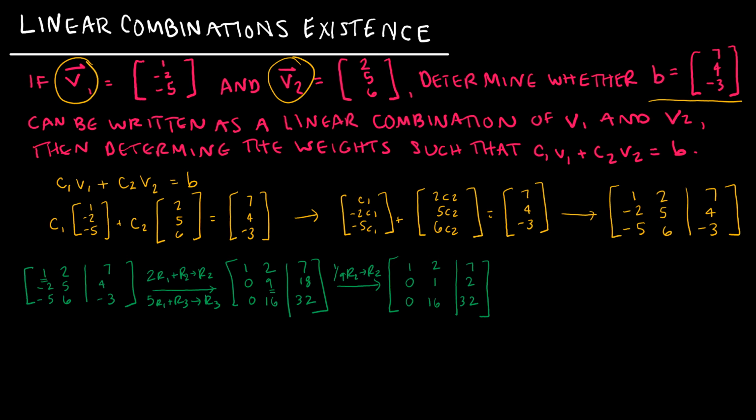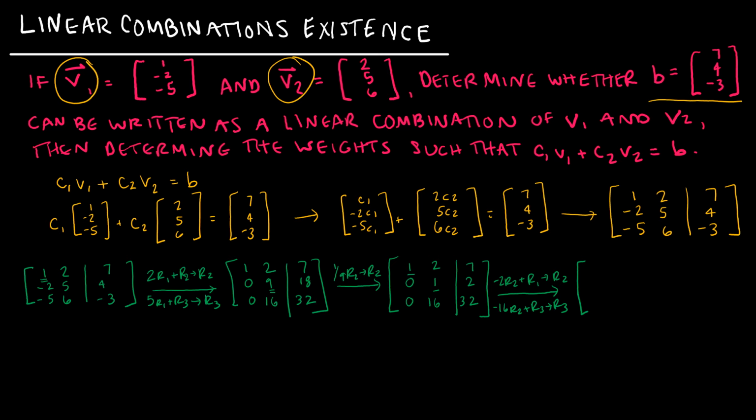So now I have my pivot here of 1, my pivot here of 1. I want the values above and below that 1 to be a 0. So I'm going to take -2 times row 2 plus row 1 to be my new row 1, so that this 2 can become a 0. And I'm going to take -16 row 2 plus row 3 to be my new row 3.